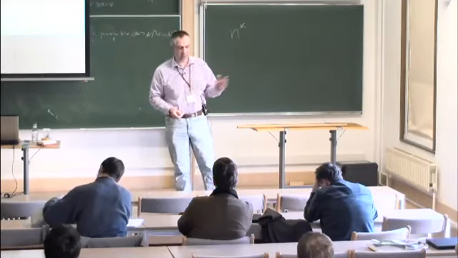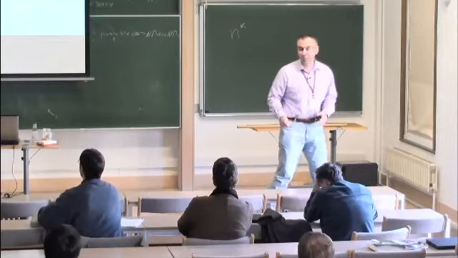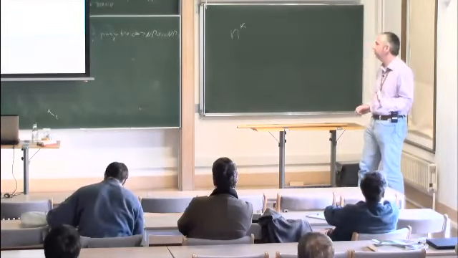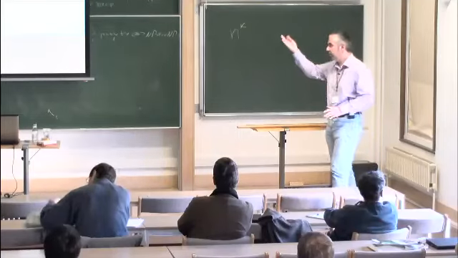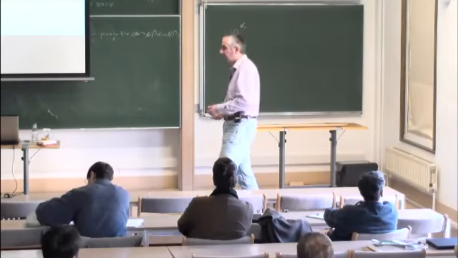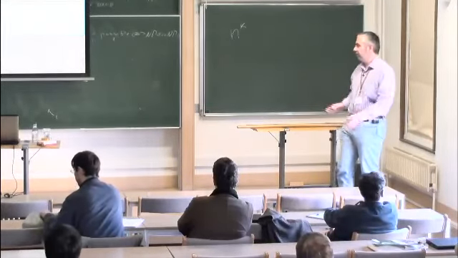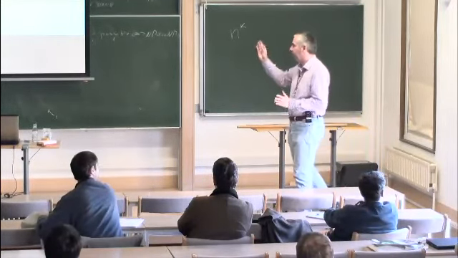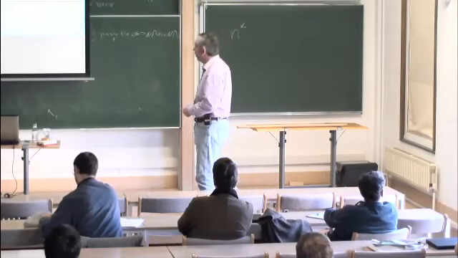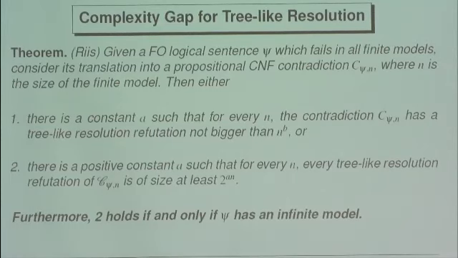Introduce Skolem variables to flatten the formula into a set of clauses if you want. And that would be needed as we are dealing with tree-like resolution, which only operates on sets of clauses. But that is pretty obvious. And if I asked you to come up with a translation, you would come up precisely with that one. Then it makes sense to consider only first-order sentences that have no finite models, because when we translate them into propositional formulae, we want to get contradictions.